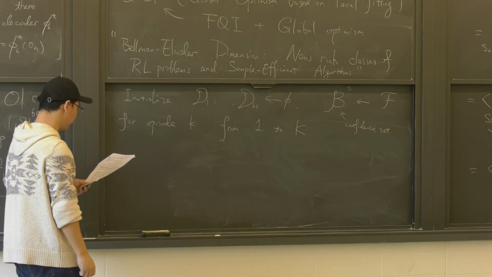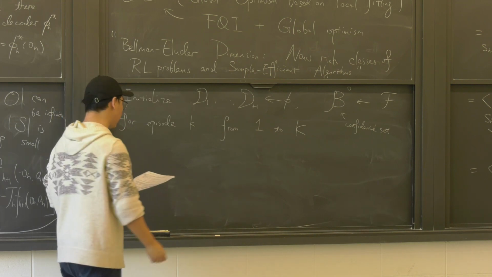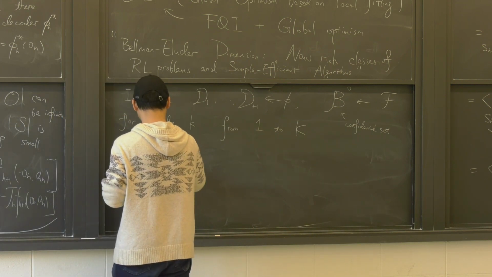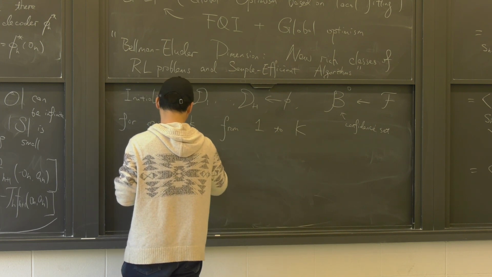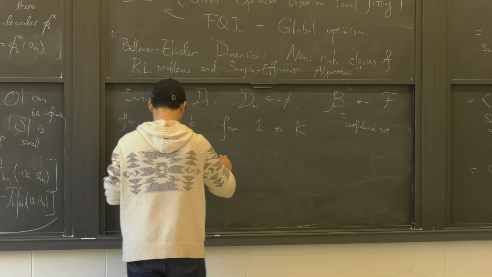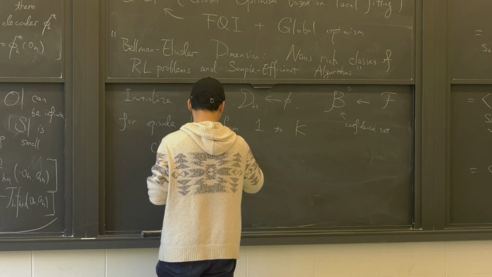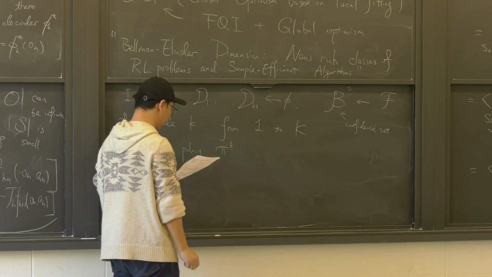we do the following: we choose a policy pi k. This is the policy we're going to use to collect data.